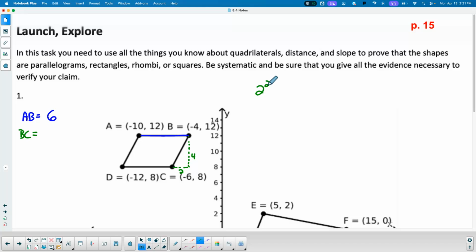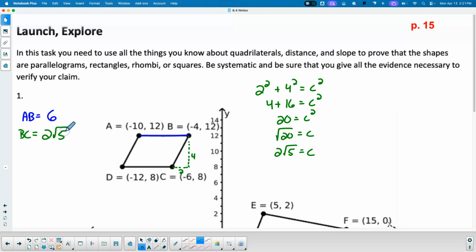We want the length. It should be a square root. So I get 2 square roots of 5 for BC. Yes?